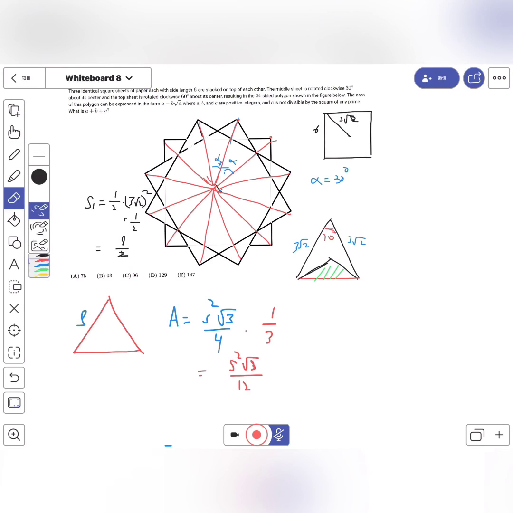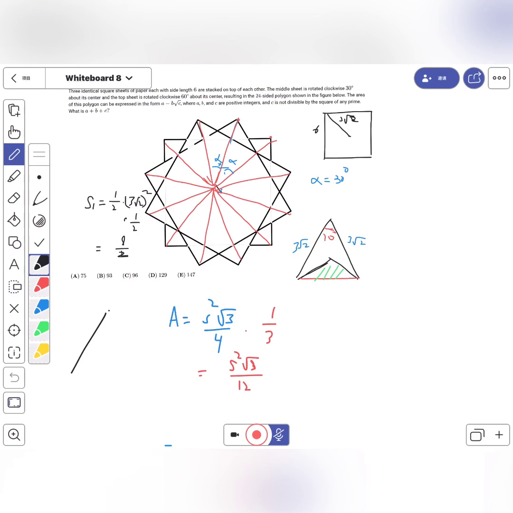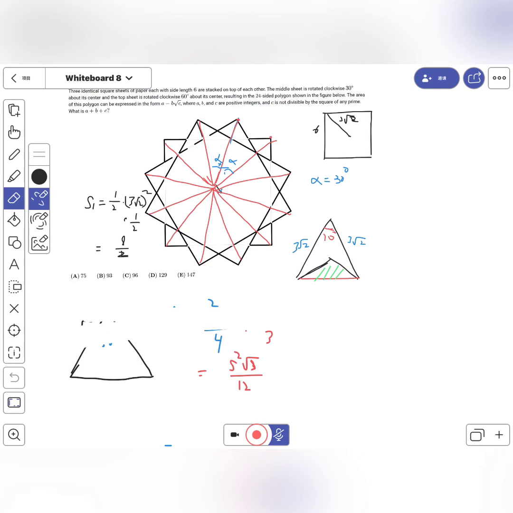Well, remember, when we have two sides, 3 root 2 and 3 root 2, and a middle angle of 30 degrees, and we want to find the third side, this immediately jumps out to our head: the law of cosines. Let me erase all of these.